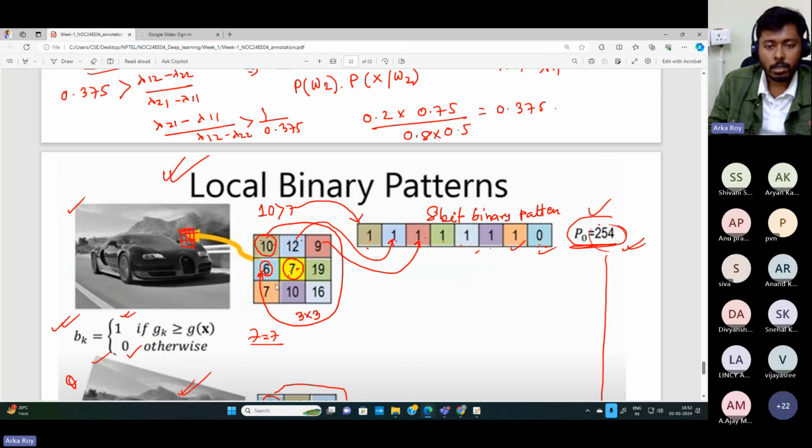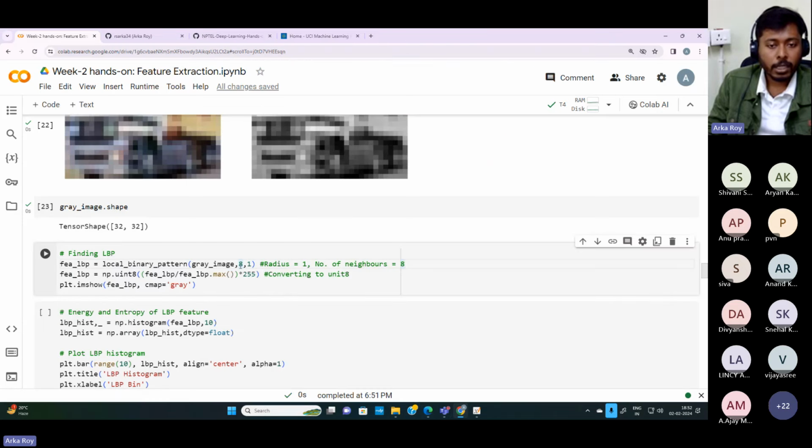For all these neighbors, the distance from the central pixel is a unit. That is why we have written 8. 8 is the number of neighbors, and 1 is the radius of the neighborhood points from the central pixel. This will give you the LBP, that is, the local binary pattern.